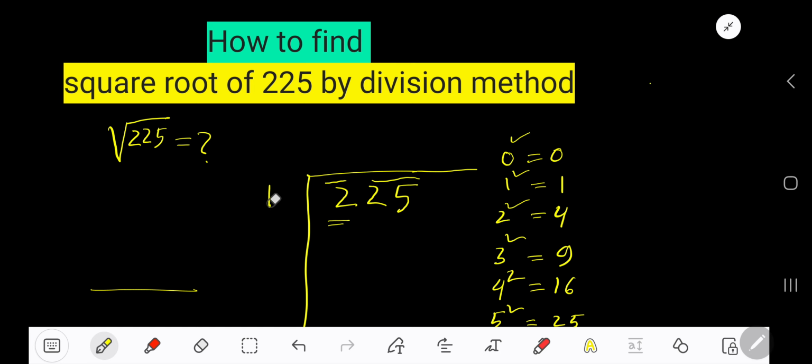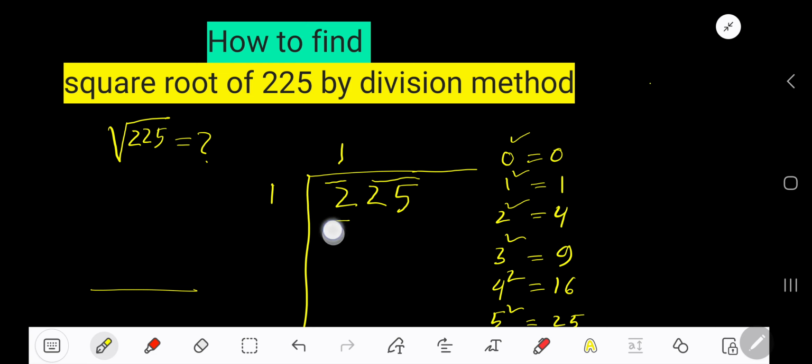If you take 2, then the square of 2 is 4, which is greater than this 2, so we'll take 1. So you have to take a number whose square will be equal to this pair or near to this pair. If you place 1, this 1 must come to the quotient side also.